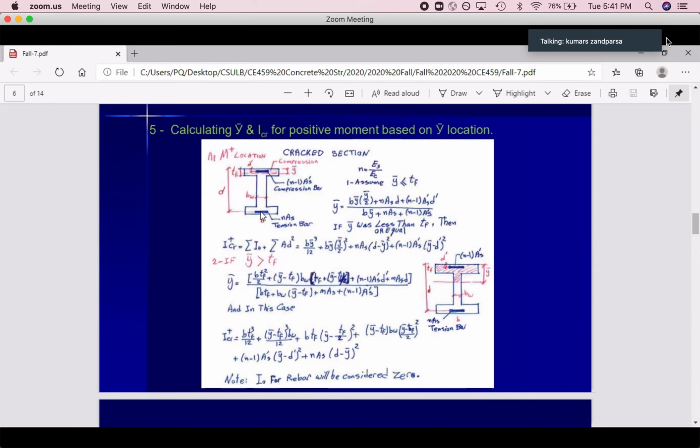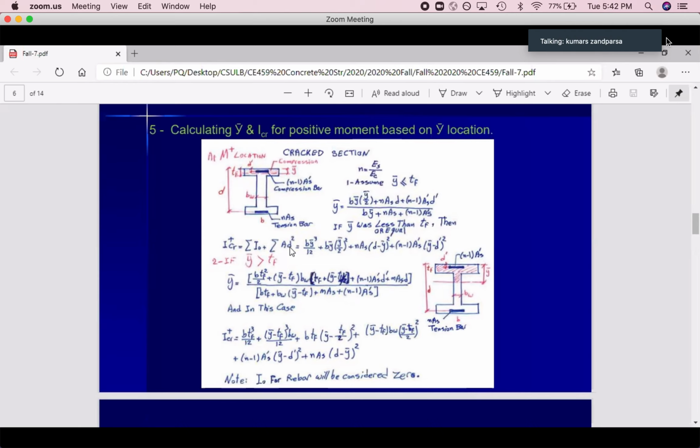Look at this: D, not d bar. D minus y bar means distance from this line, the neutral axis, to the tension bar. So n A s times (D minus y bar) squared, D square. Just remember this D is not this D. That's a little confusing, but that's the way that we know this equation from statics.